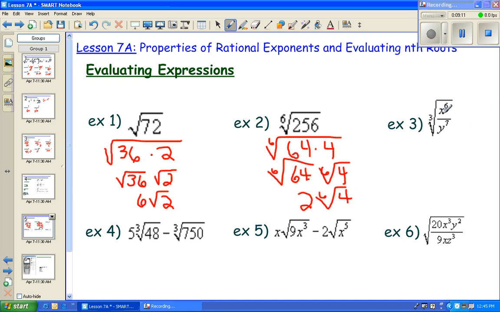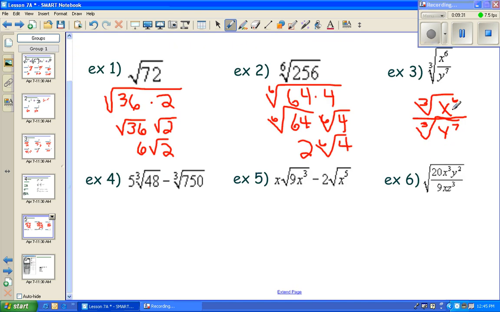Here's that quotient rule example here. So this is the cubic root of x to the 6th over the cubic root of y to the 7th. And then what we're going to do is pull out as many x to the 6 as we can out of here.